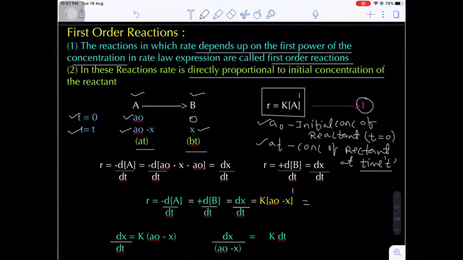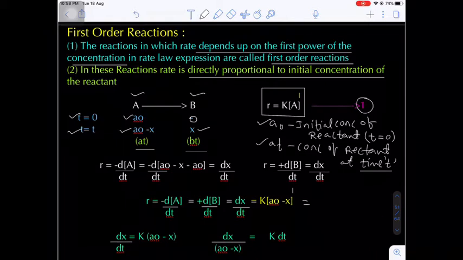Now, what is the definition of the rate of a reaction? Rate of a reaction is nothing but the change in concentration of a reactant or product per unit time interval. Rate will be equal to minus dA by dt, which is equal to dx by dt, or plus dB by dt, which is equal to dx by dt.